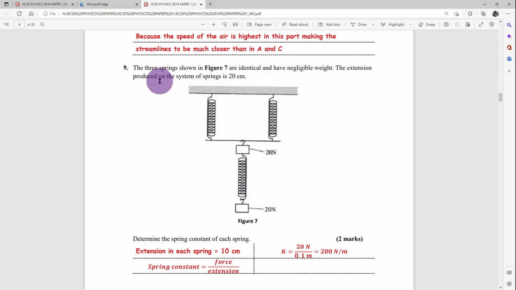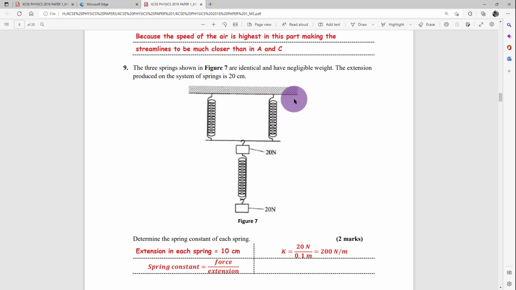And we've been told that as it is, the extension produced by the system of springs is 20 centimeters. That means this part here, which is a parallel connection, each one of them stretched by 10 centimeters, because this one is subject to 20 newtons.